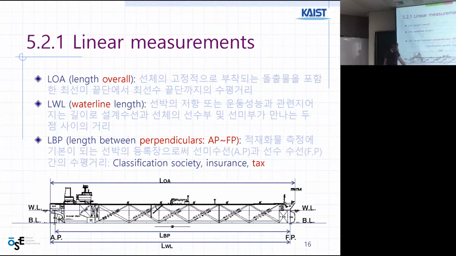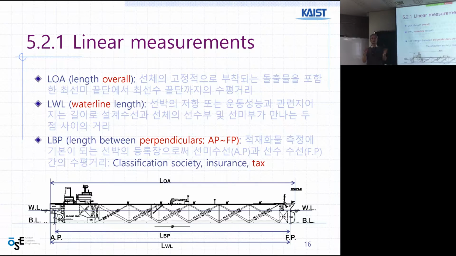LWL. And LBP is more important for shipbuilders, the shipbuilding company, because it is between AP and FP. This is a short name of aft peak, and this is the fore peak. Why?